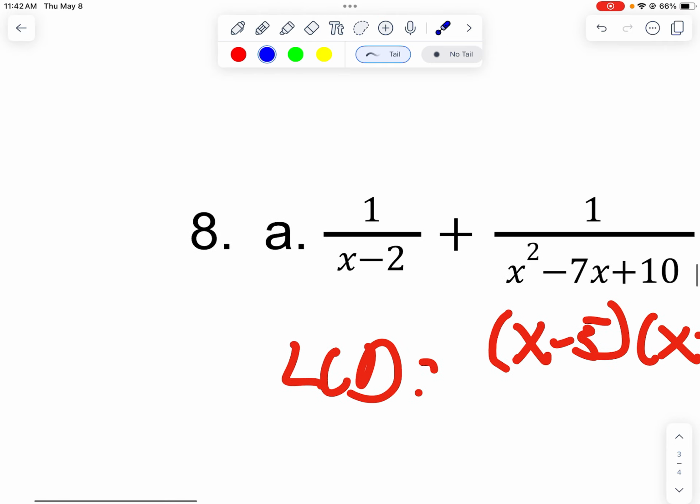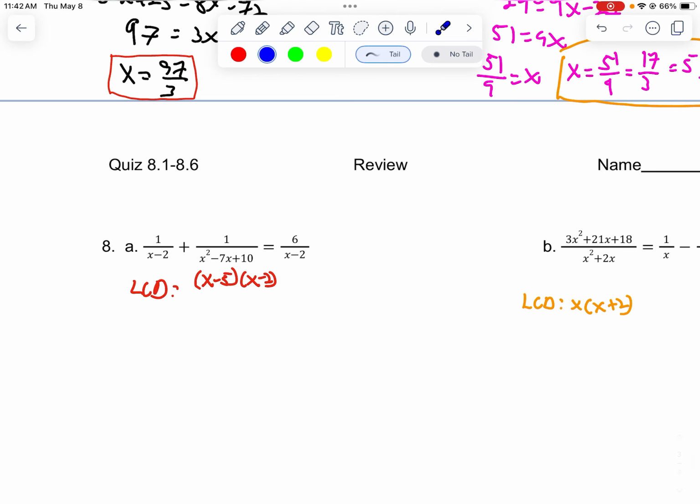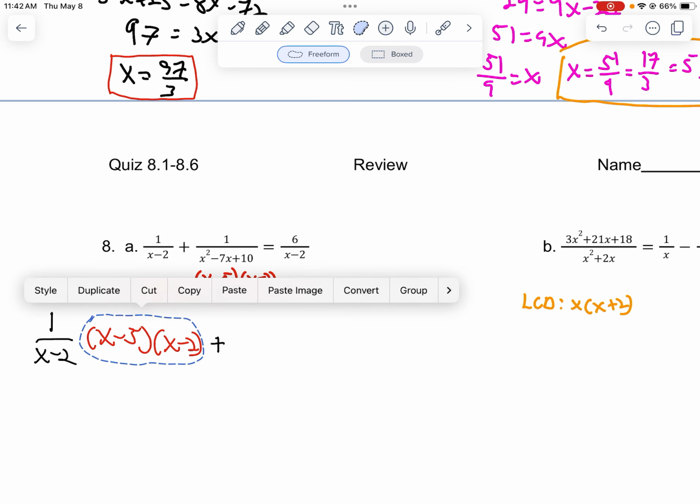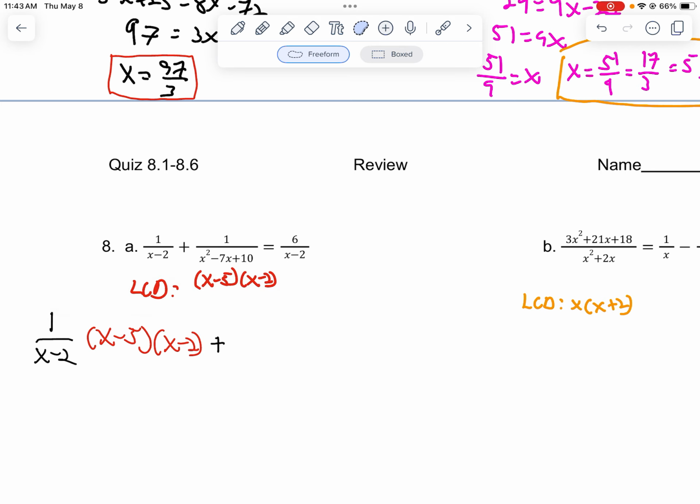All right, so what we're going to do is multiply 1 over x minus 2 by the LCD, this x minus 5, x minus 2. You're going to multiply each fraction involved in this, and if it's not a fraction, you still multiply it. For the next one, I'm going to write this one in factor form.